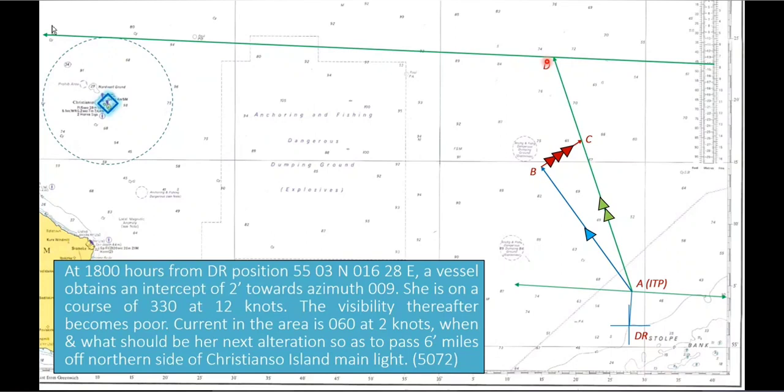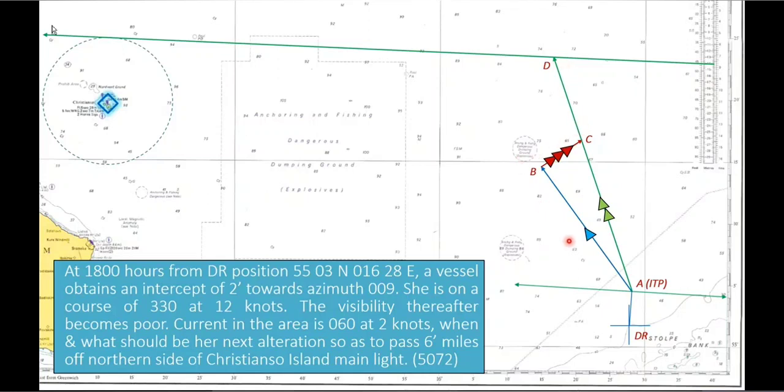Now let's find out the second part of the question. We want to find out the course to steer to pass 6 miles off from this particular lighthouse. So for this, I will make another course, distance and current vector triangle starting from point Delta. In this case, I have to counteract the current.